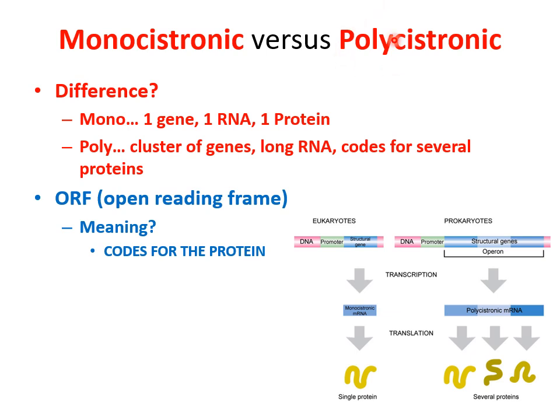That's why it's poly, many proteins from that single cluster of genes that's under a single regulatory region. Notice with eukaryotes, the one gene is under one regulatory area, and then here you have that one cluster of genes under one regulatory region, and then here you end up with several proteins.